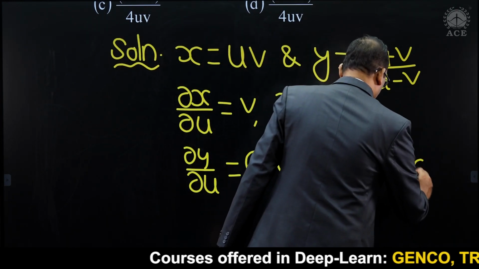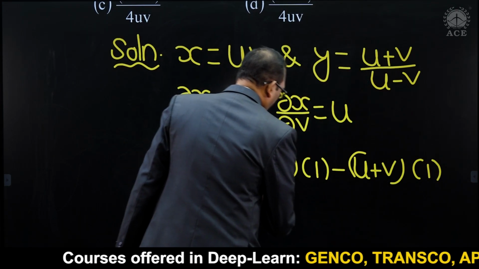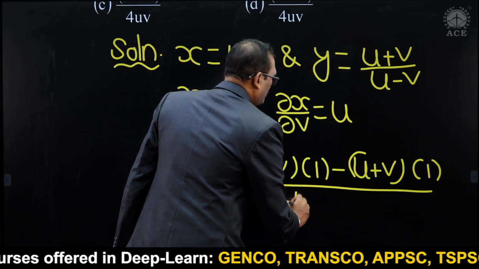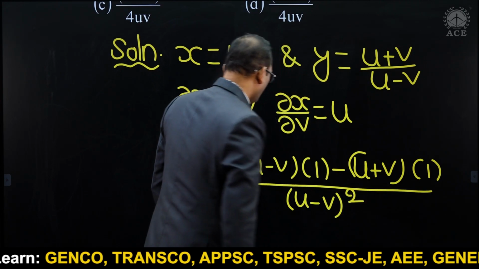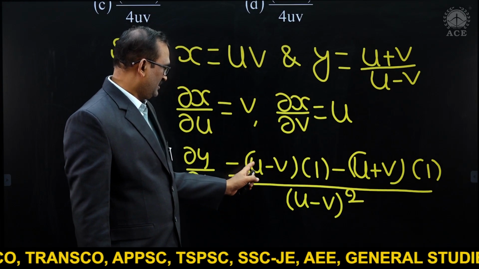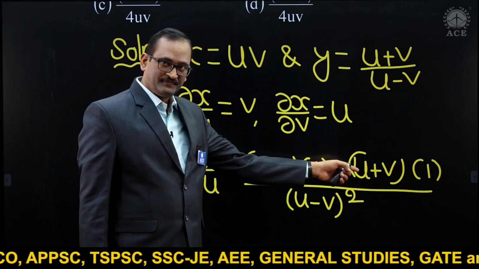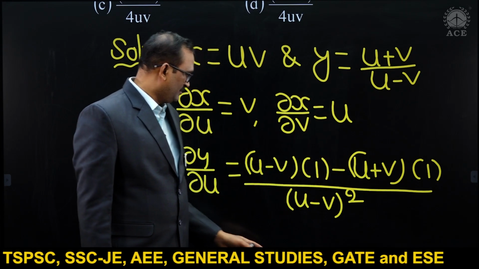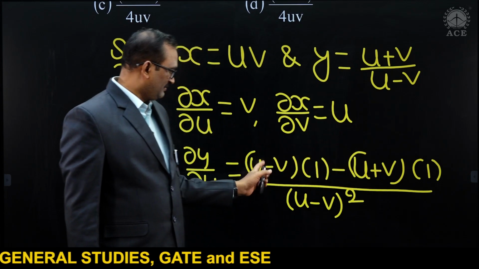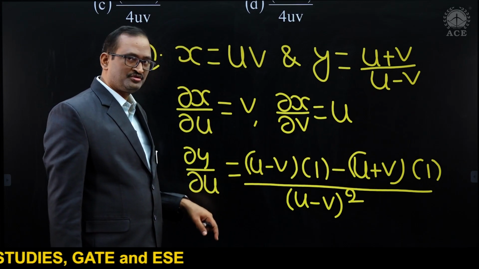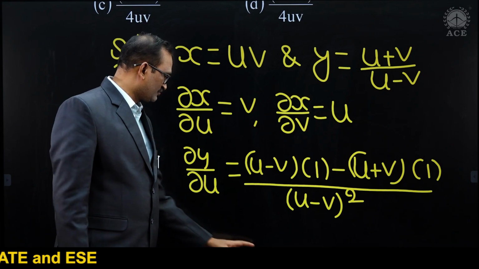Divided by the denominator, u minus v whole square. So in the numerator, u minus v minus of u plus v: minus u plus u cancel, minus into plus v is minus v, minus v minus v is minus 2v. So minus 2v by (u minus v) whole square.